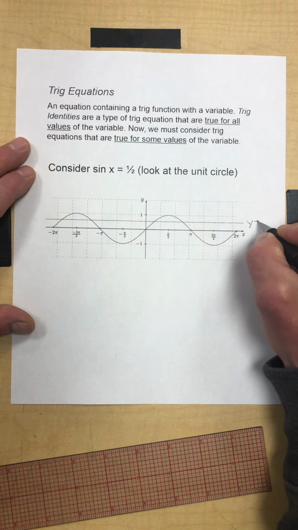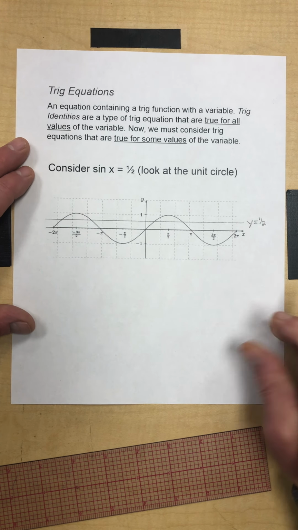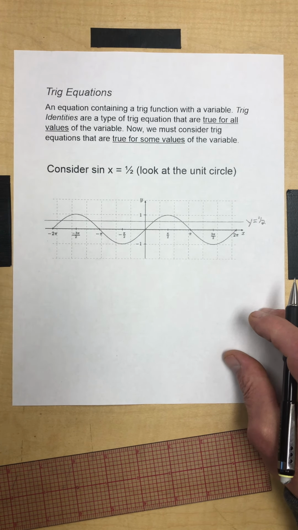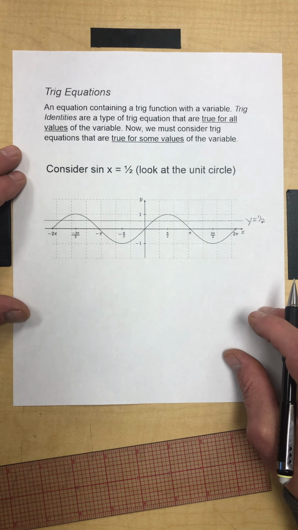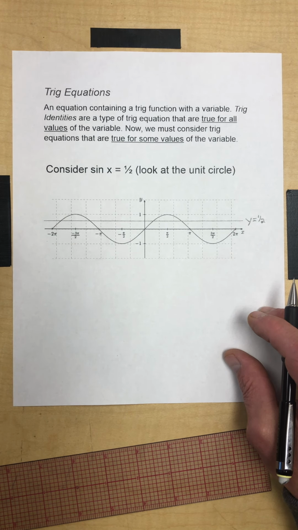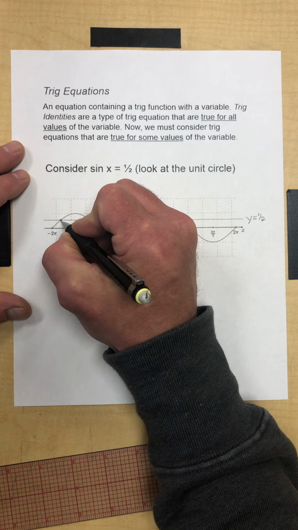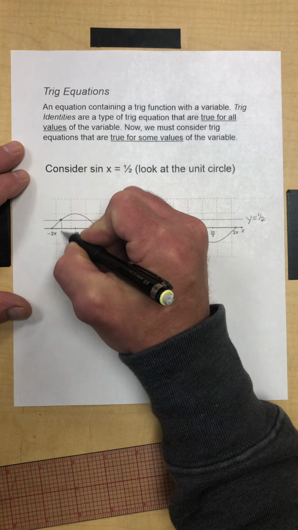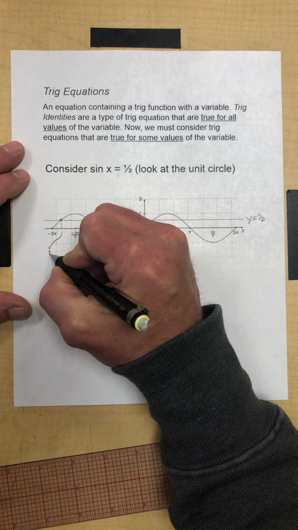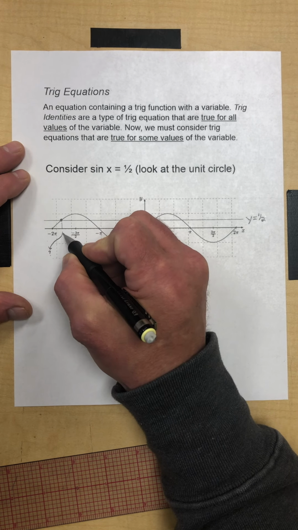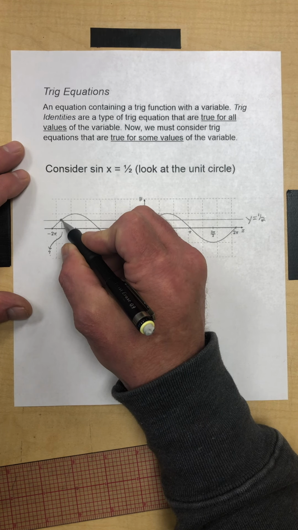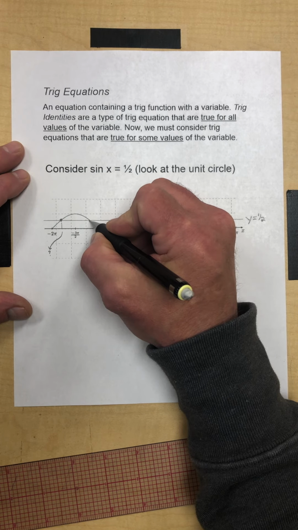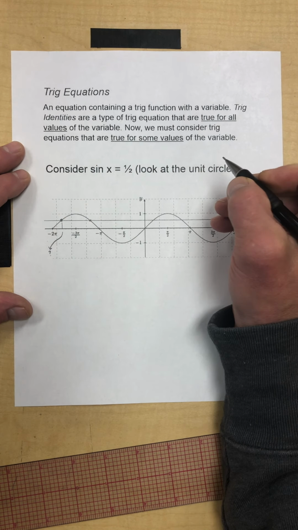Everywhere that the graph of sine of x intersects that horizontal line, y equals 1/2, would represent a solution. So we look right here. I've got a solution right there. That would correspond down to some x value, and the sine of that x value has to give us 1/2. And we'd have a solution here as well.